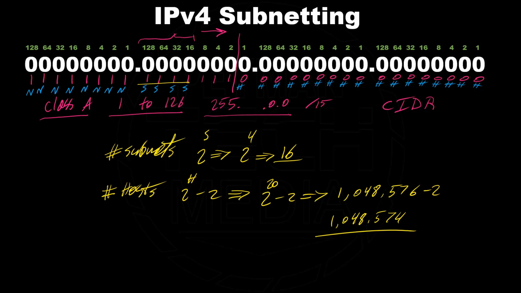So what would be the new subnet mask if we have the CIDR notation of 15 and the cut line is here? Again, we have to convert this binary to decimal. The first octet, all 8 bits turned on, gives us 255. In the second octet, all are turned on, only this one is turned off. We know that when all 8 bits are turned on, that's 255, correct?